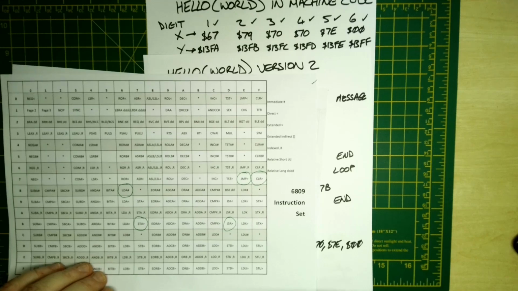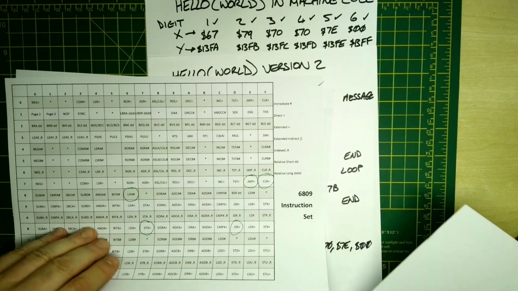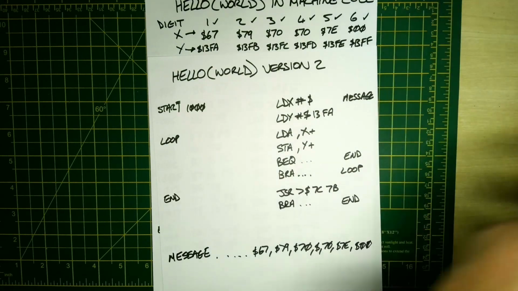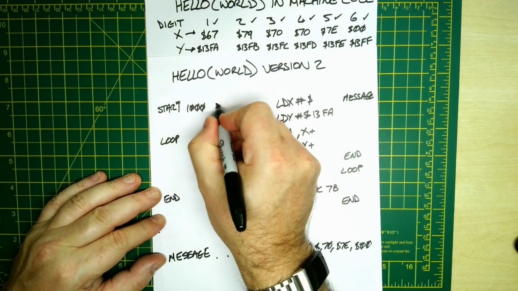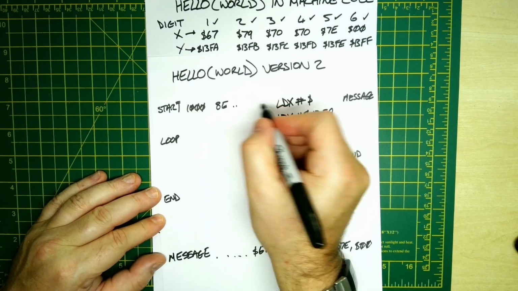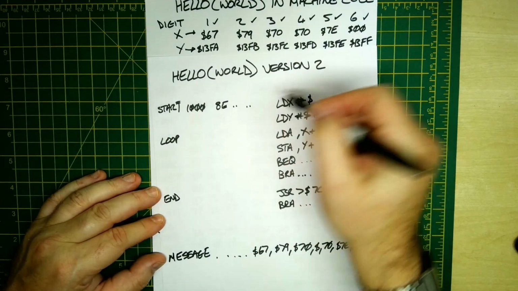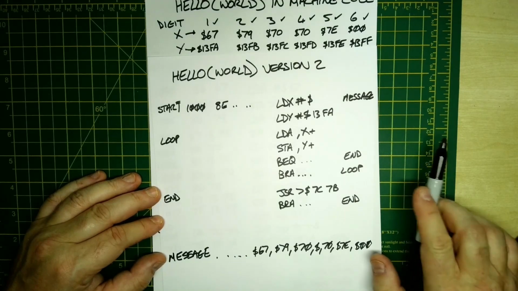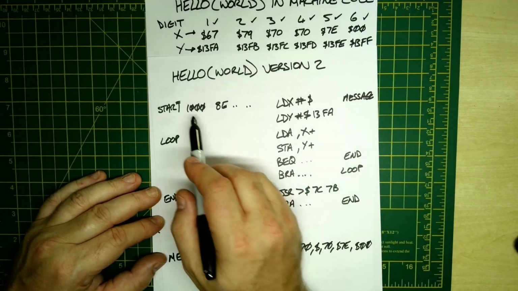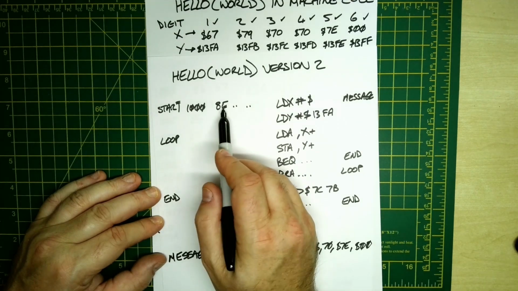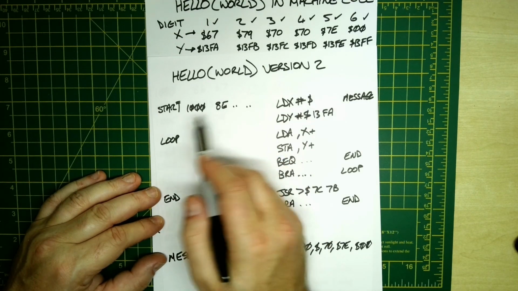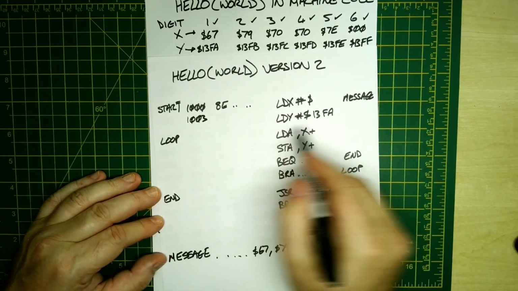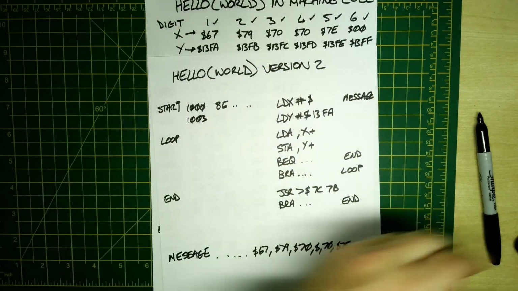So load X with the byte value immediately after it is what we want there, and that is 8E, and then we don't know the 2 bytes after that yet, because that's going to be whatever address we give message. Okay, so the next one we need to do is work out what the next address is going to be. So that's 0, 1, 2, 3. So the next address will be 1003, and load Y with 13FA.